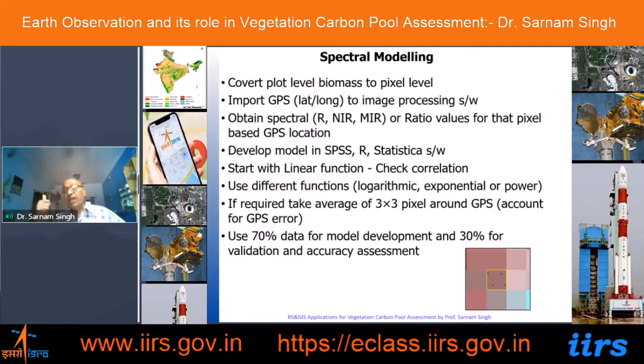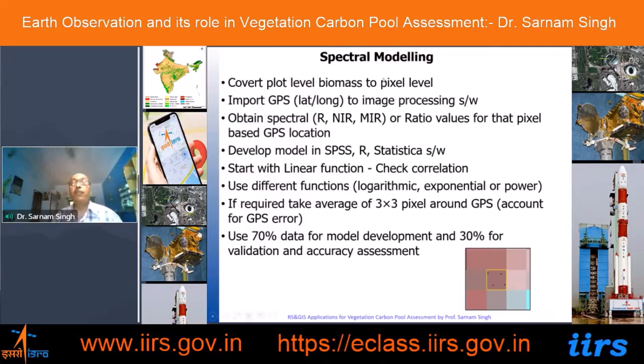First thing, I know the spectral reflectance, let us say in green, red, infrared, or middle infrared, whatever bands you have in your dataset from satellite data. So I have the table of biomass, carbon, then red band, infrared band, middle infrared band, and what the value of each is. That's it. Now I can generate a model out of it. So very simple.